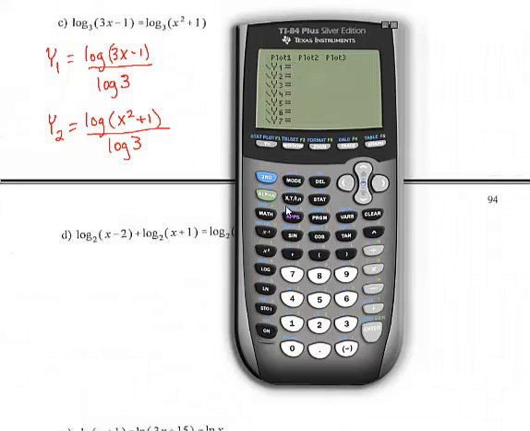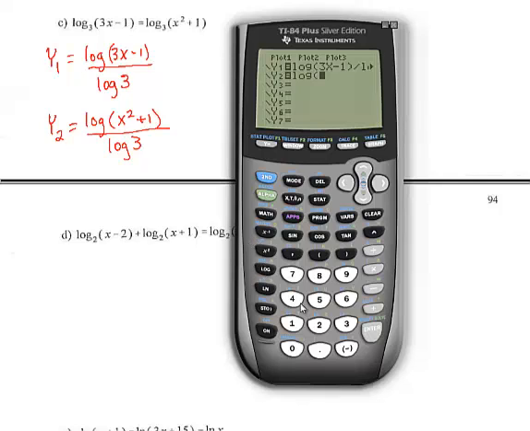So y1 would be log of 3x minus 1 divided by log 3, enter.